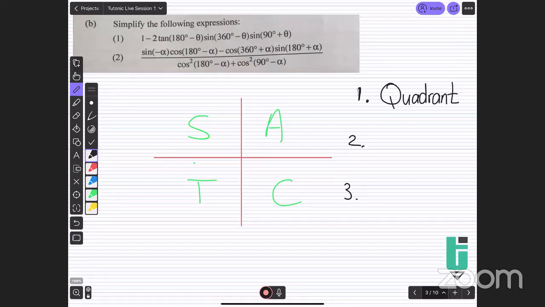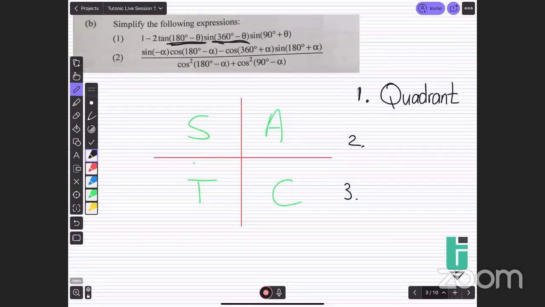So if I say 180 minus theta, which quadrant is that? Second quadrant. Hamza, you got it? Yeah, I got it. All good. And Nafisa? Yeah, I got it. Okay. And 360 minus theta?